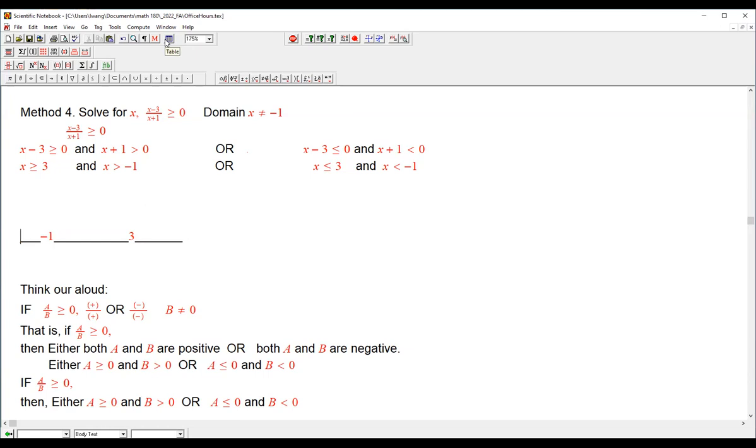So this number line is for the first part before the or, and the other one is for the or. So we have both at our disposal. So greater than or equal to 3 will include the 3 and greater. And greater than -1 does not include -1. So it's just this piece.